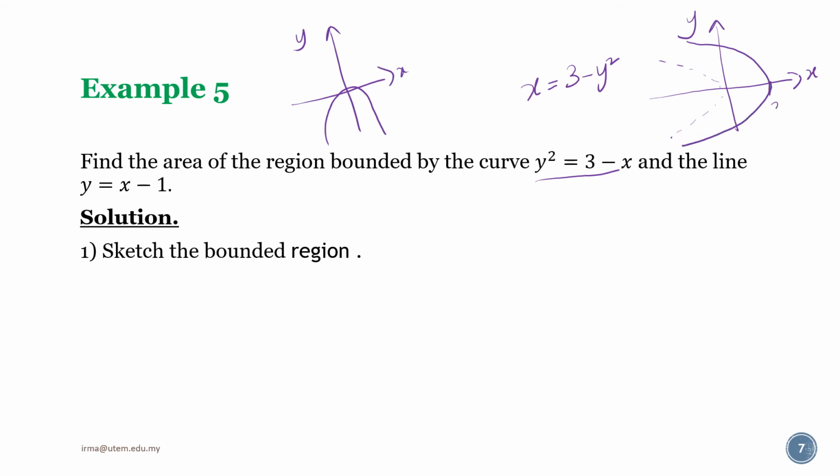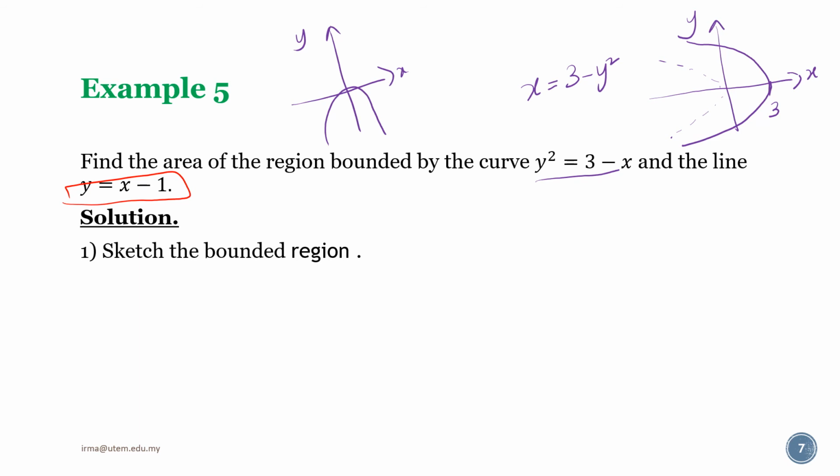This is 3. And then you have y equal to x minus 1. So how are you going to sketch the graph of y equal to x minus 1?